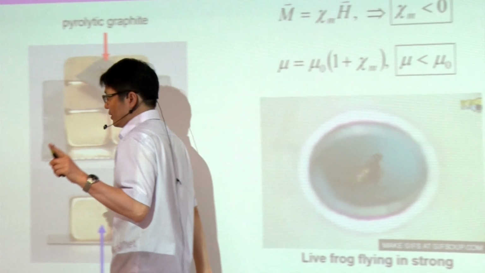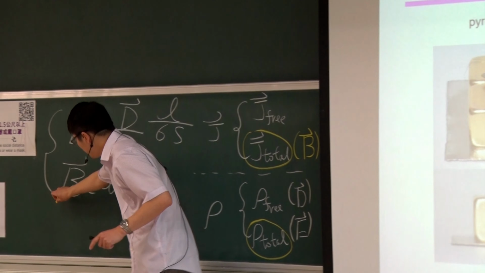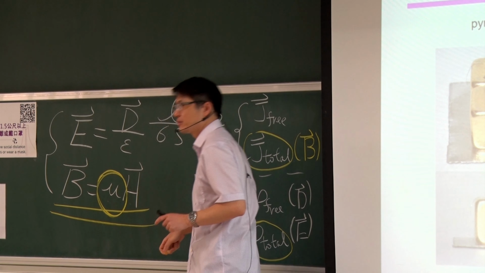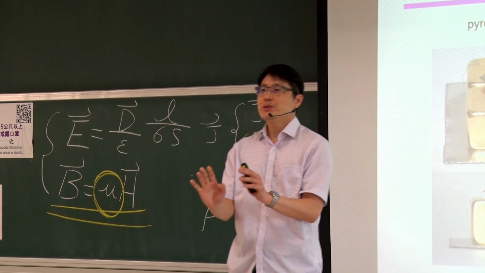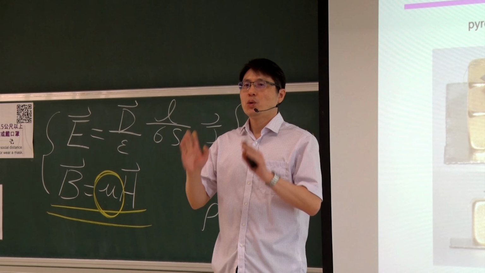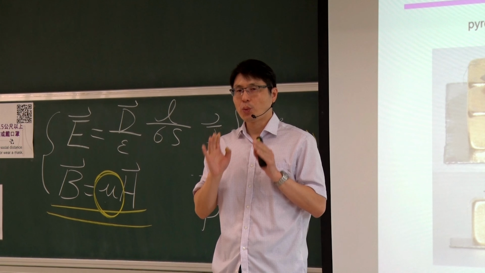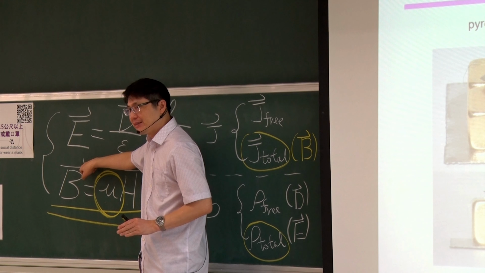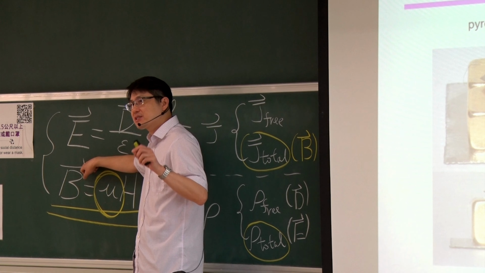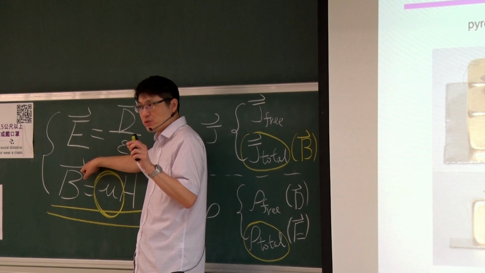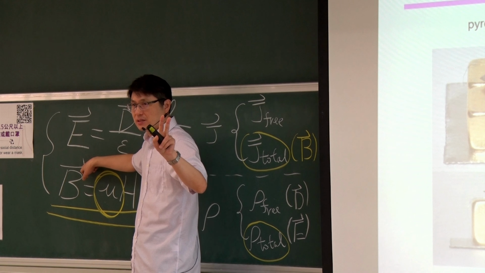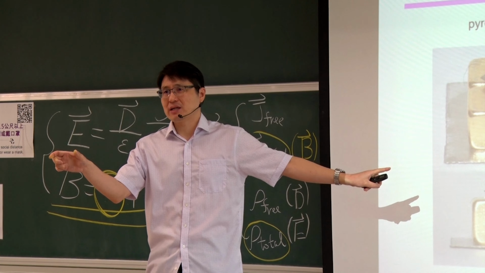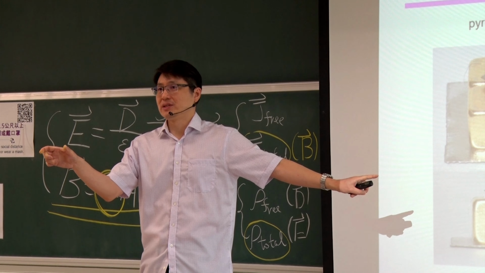So be aware, when I talked about this relationship, I used the wording: we have the chance, we have the potential to create more magnetic field lines inside a magnetic material. I use the wording potential and chance. Due to this fact, if you choose the wrong material, you choose diamags, you're doomed.